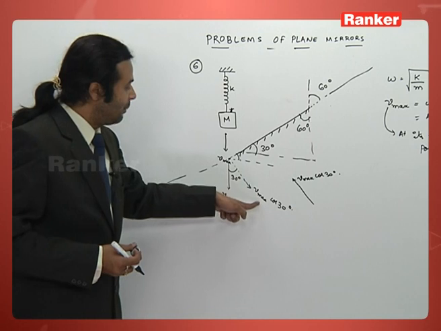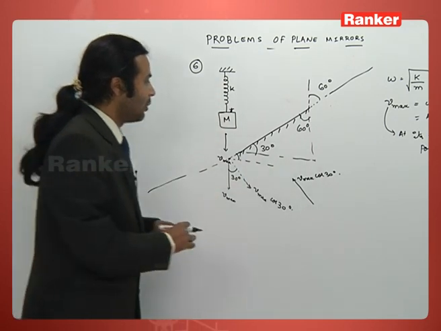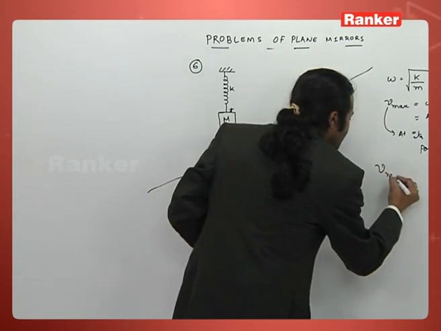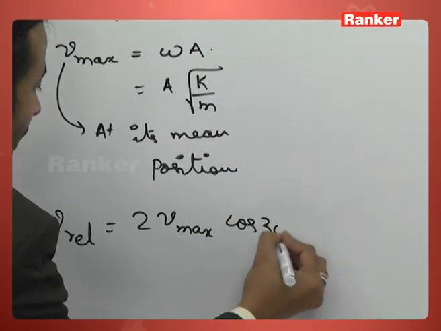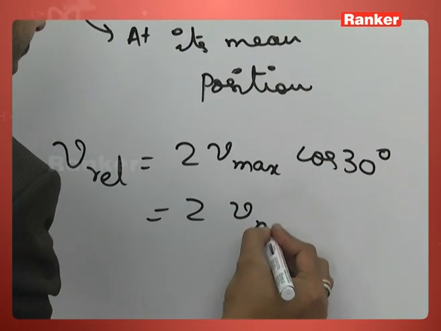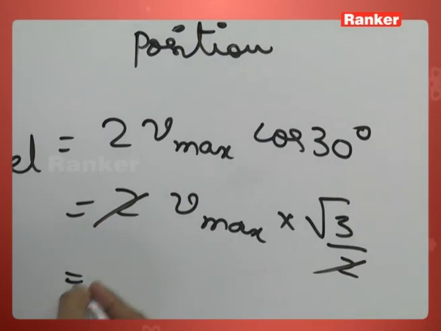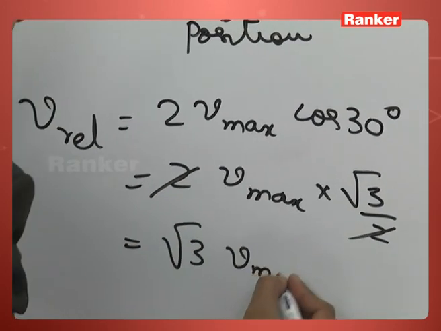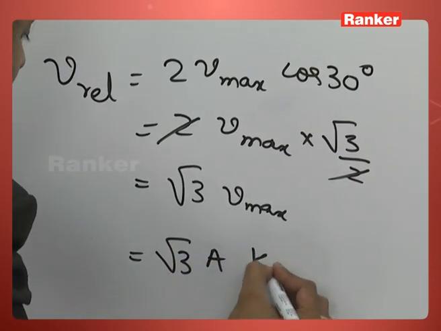So this is V max cos 30, and obviously this will be V max cos 30. So V relative will be nothing but 2V max cos 30. Now 2V max cos 30 is nothing but root 3 by 2, cancels out. So this is root 3 V max, and V max we already have. This is root 3 A root over K by M.